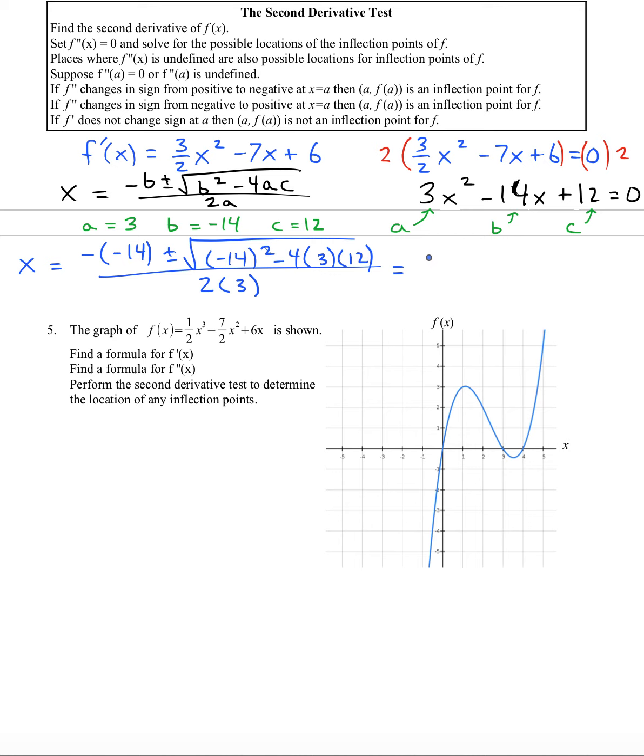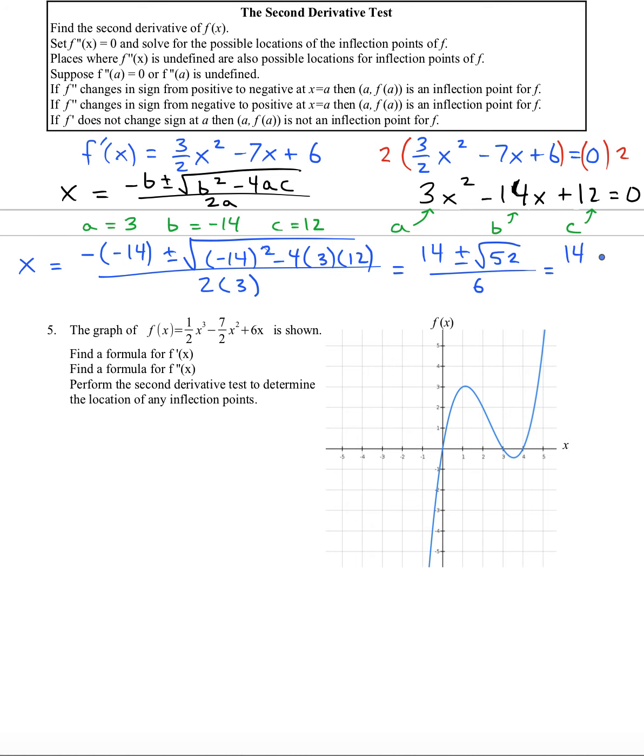All right, if we simplify this a little, we'll get 14 plus or minus radical 52 over 6. And we can pull out the perfect square inside 52. There's a 4 in there, so let's pull that out. It'll become a 2 once it comes out.